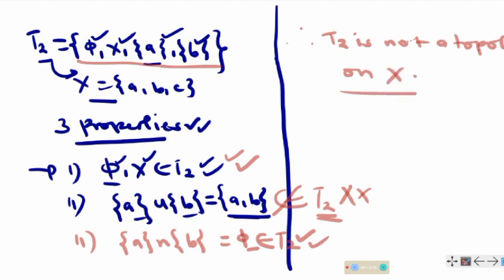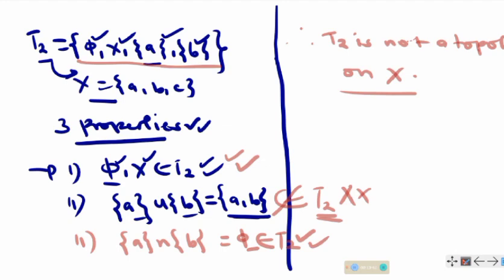I hope you are able to distinguish how we can tell that a given collection is a topology on a non-empty set, and how we can also tell that it is not a topology.